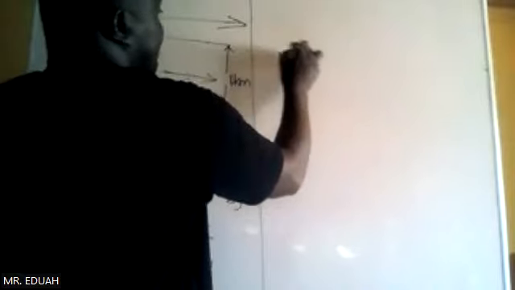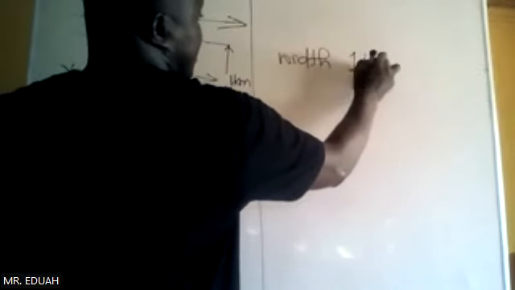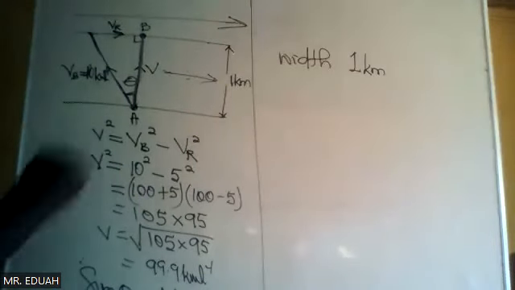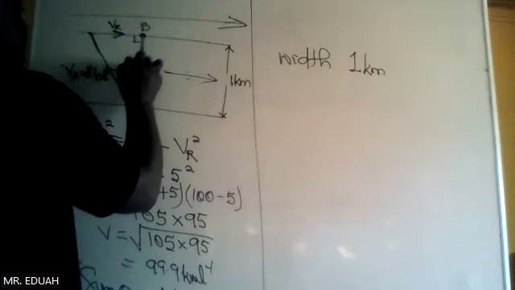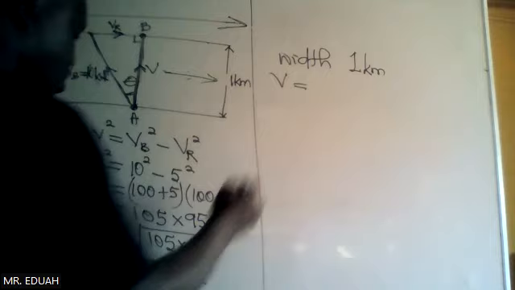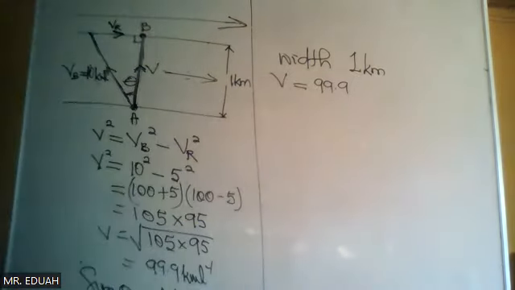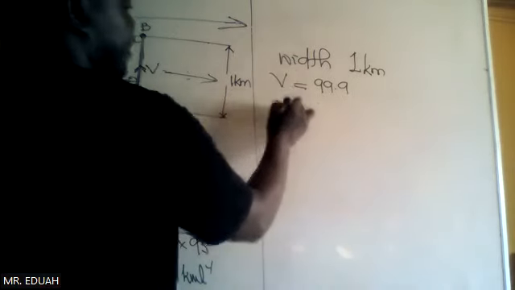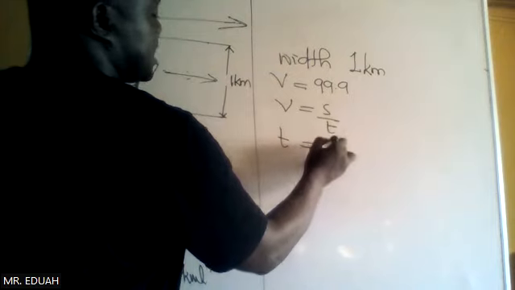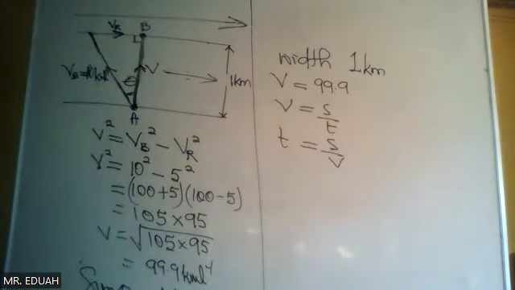The width of the river is 1 kilometer and the resultant velocity we got is 99.9. Then we can use V is equal to distance over time. Therefore, T is equal to S on V.